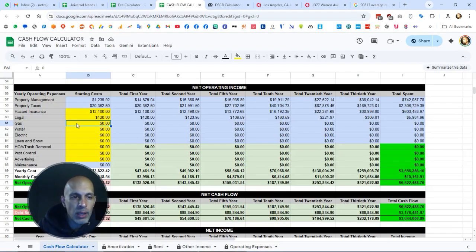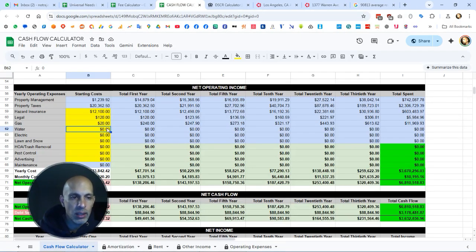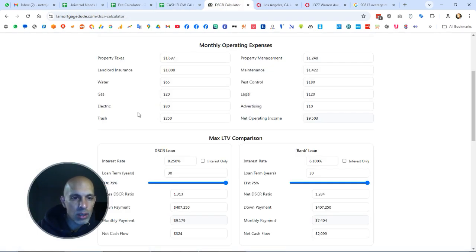Gas is at 20. You are paying the utility company directly, SoCal Natural Gas. Let's see, electric would be 80. And let's see what it is for water.